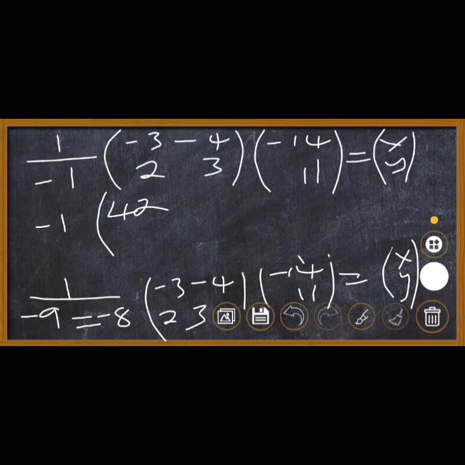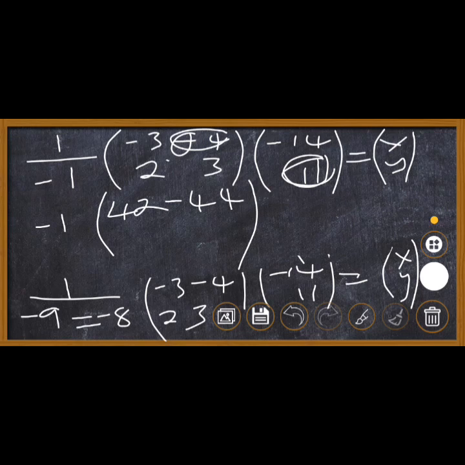Then plus negative 4 multiplied by 11, we are going to have negative 44, because positive multiplied by negative is negative. So 4 multiplied by 11 is 44.